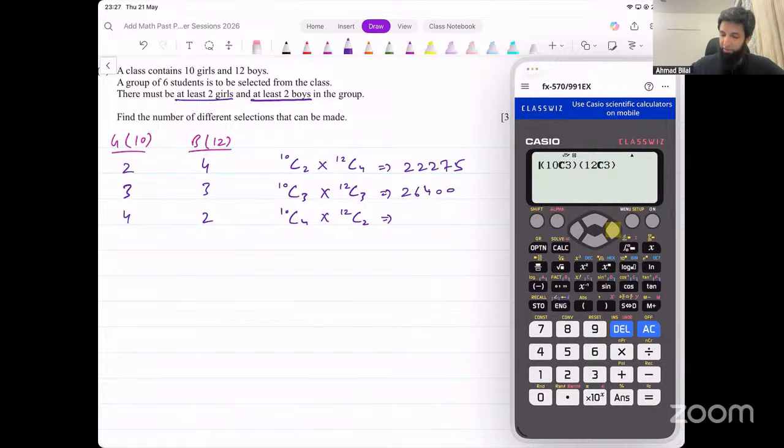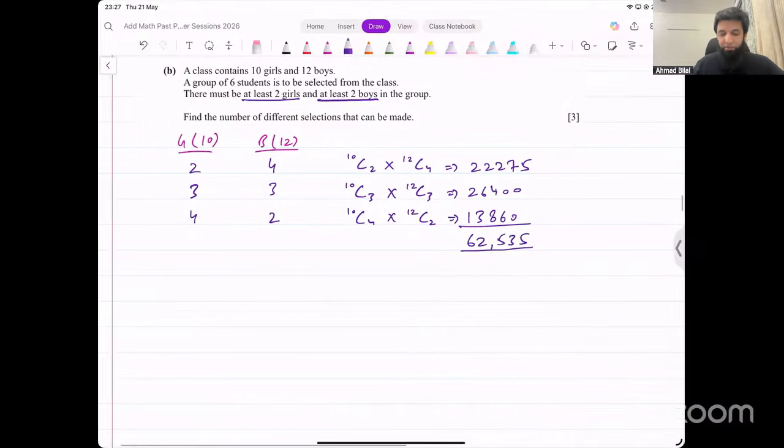And then finally 10C4 into 12C2. And that is 13,860. Add up all of these numbers, see what that gives you. This plus 26,400 plus 22275, and that's giving me 62,535, and that should be your final answer.